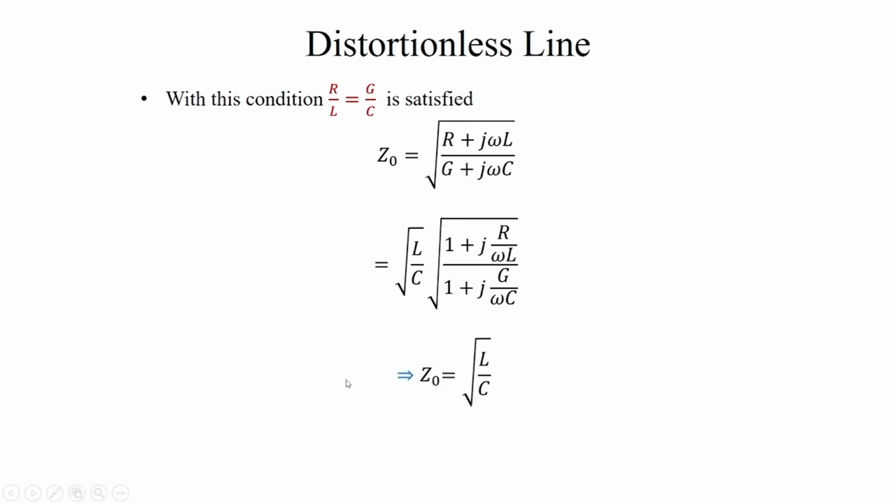Finally, we get Z0 equal to root L by C, and the characteristic impedance becomes real and its value is the same as that of the lossless line. So, this is an interesting property of the characteristic impedance of the distortionless line.